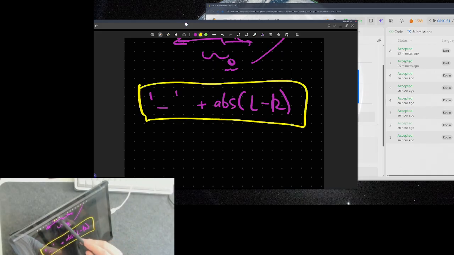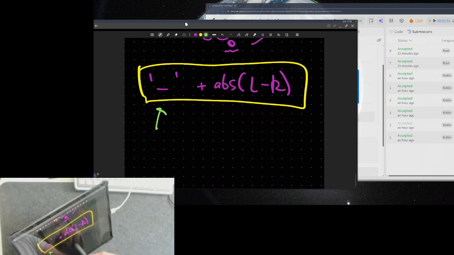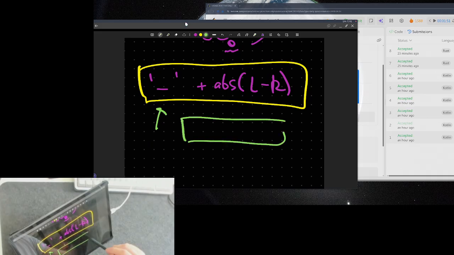And now let's look at the geometry of this formula. First, this is underscores. The underscores are what we get if we take the total length of all R's, L's, and underscores, and then remove all R's and L's.